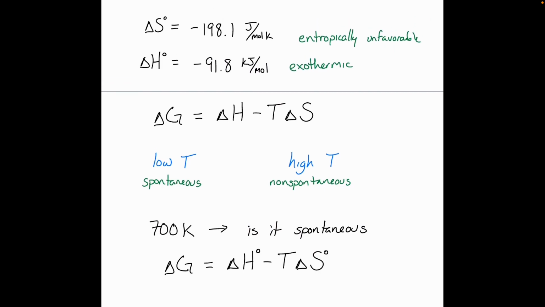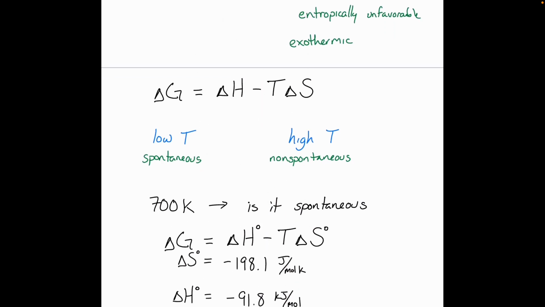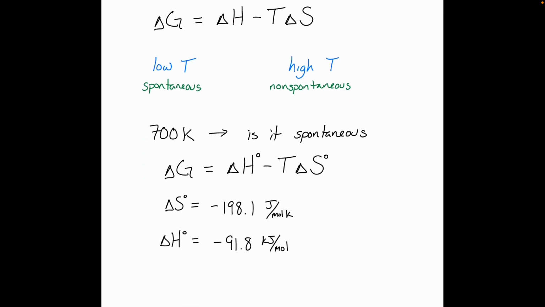These values do change a little bit with temperature, but not much. All right, so we can use this equation here, given these two values that we calculated, to figure out whether our delta G is still positive or still negative, or whether we've clicked over into that non-spontaneous region. Okay, so everybody take a second and calculate the delta G for me at 700 Kelvin.